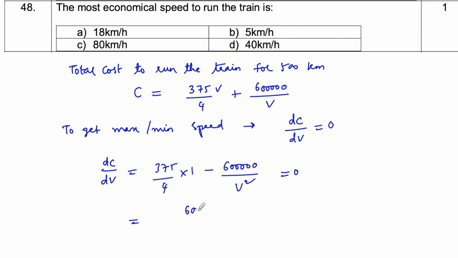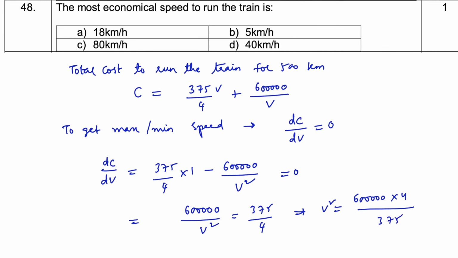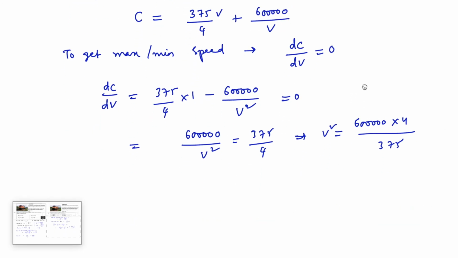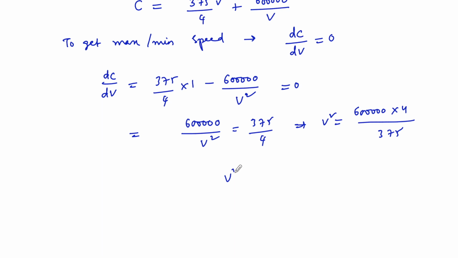Whereby we can say 6 lakhs upon v square is equal to 375 upon 4, or v square is equal to 6 lakhs into 4 upon 375, and on simplifying, we will get 6400 as the v square value, which implies v is equal to 80.